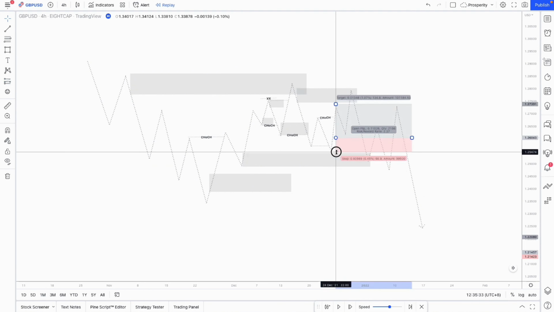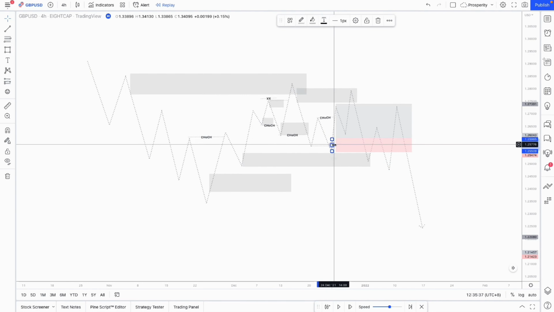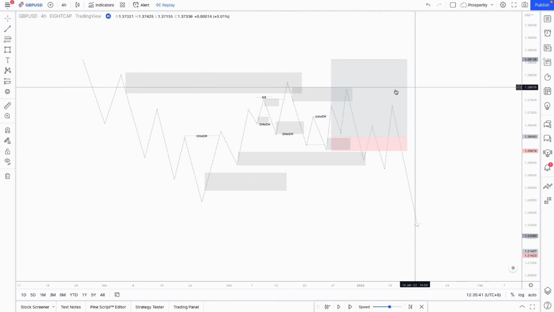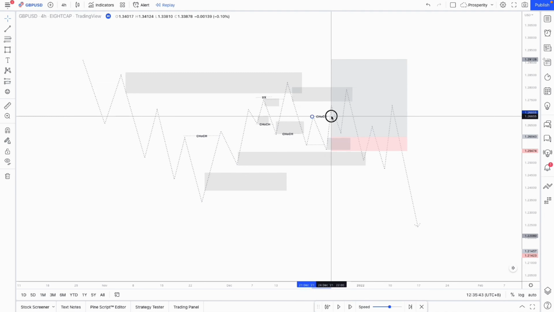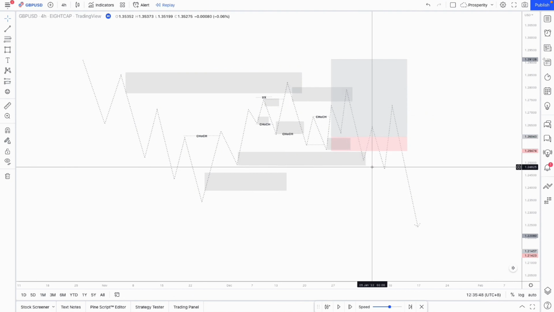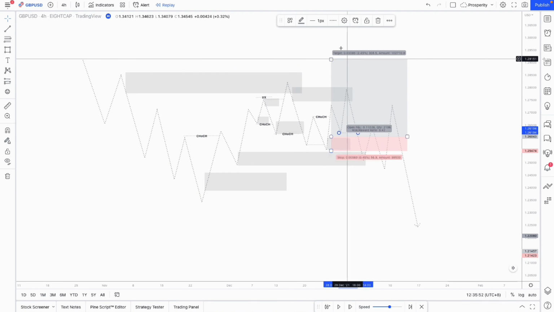It makes them get involved in areas like this as the demand level. And it changes character, taps into the original supply that caused it, and then has the reaction, which changes character again.